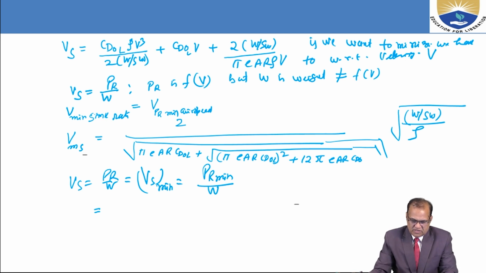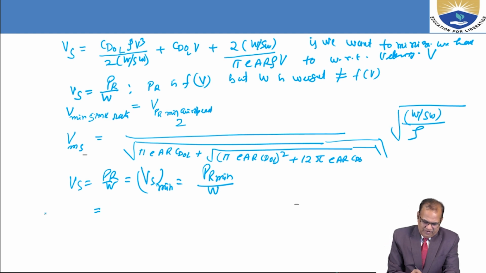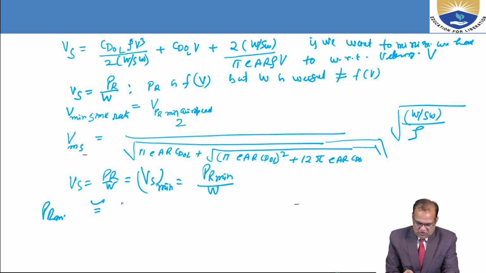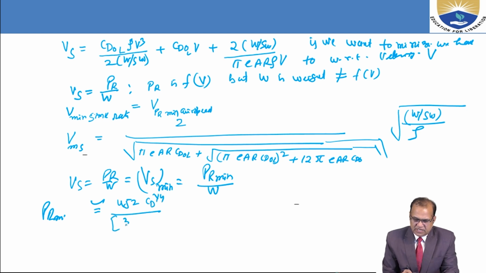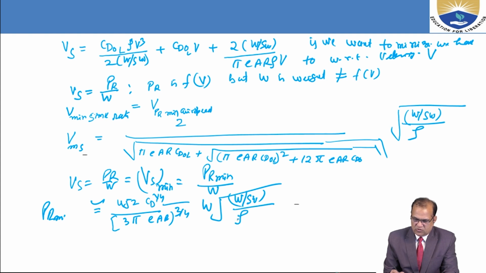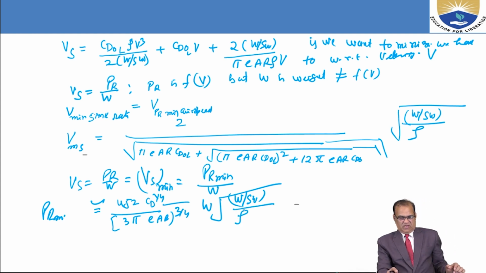Power required minimum, PR minimum, is approximately equal to 4 under root 2 CD to the power 1 by 4 divided by 3 pi E AR to the power 3 by 4, W by SW divided by rho. So this is the PR minimum that we will use.